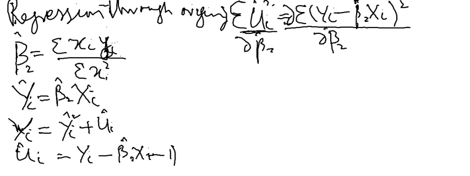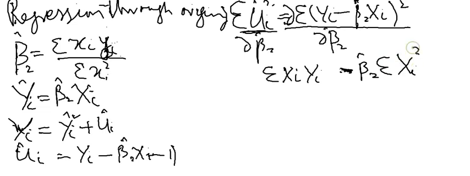So just taking the partial derivative and simplifying that, you will find that that is equals to summation xi yi minus beta 2 hat summation xi square is equal to 0.